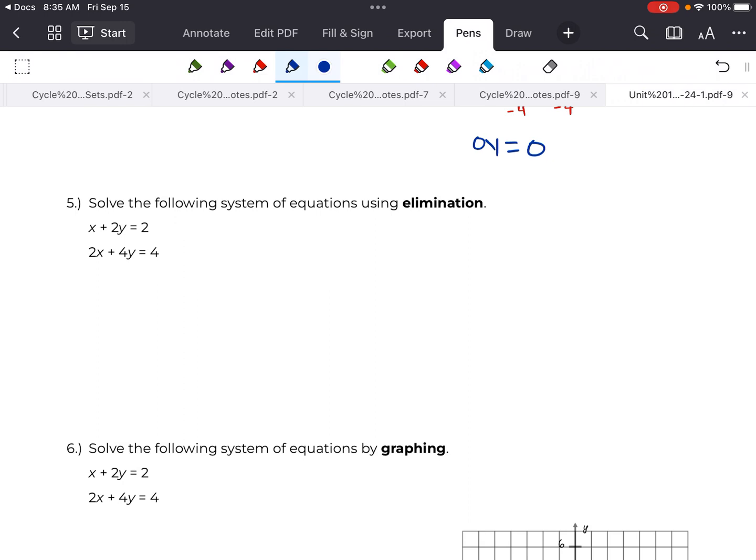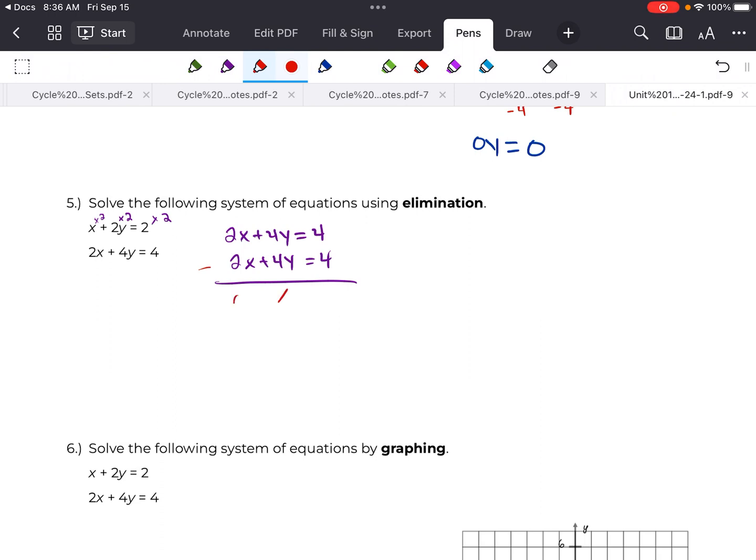Okay, elimination, again, the bottom row is double the top row. So let's multiply this whole top row by 2. And we end up with 2x plus 4y equals 4, and 2x plus 4y equals 4. So when we subtract these out, let's isolate the y's this time.